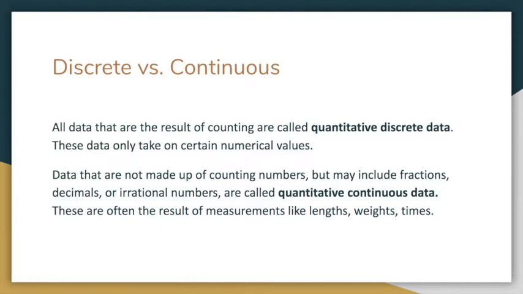Continuous data, on the other hand, is on a continuous scale. So however accurately we can measure something, that's how many decimal places, for example, we could include in our data. These are usually measurements: lengths, weights, times. So if we have a scale that measures down to the millionth of a gram, then we could have data that exact.